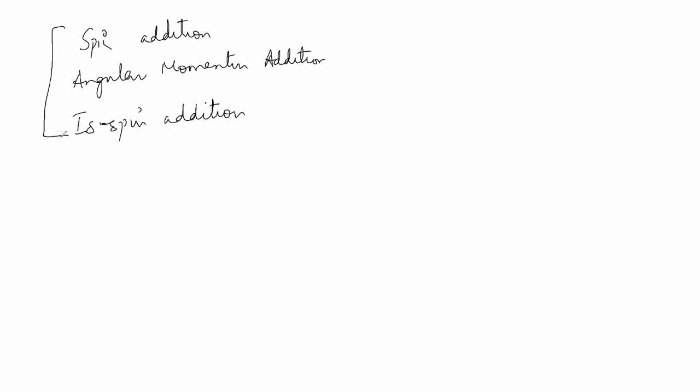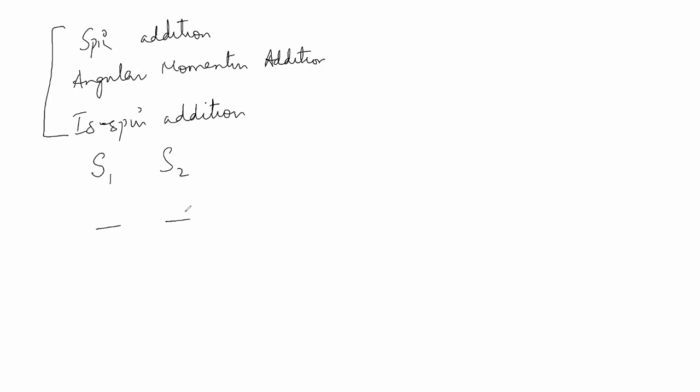Now let us start from the very basic. If I have got two spin states, there are two states available to you, and I have given you two spin half particles.